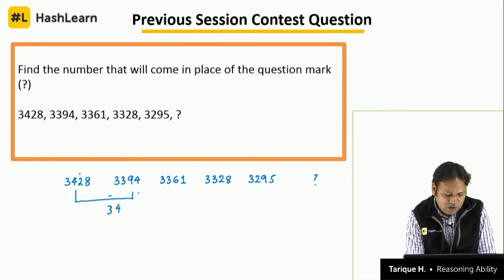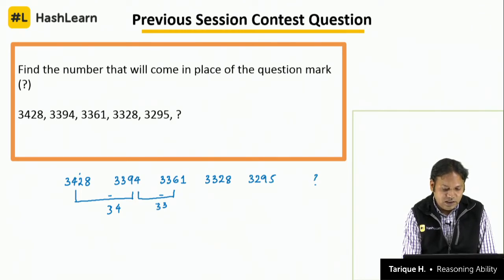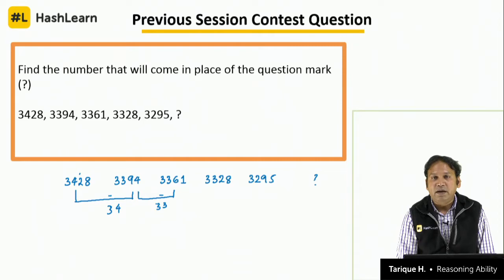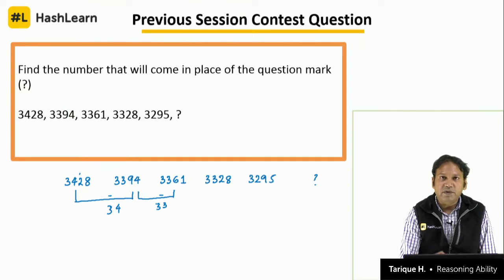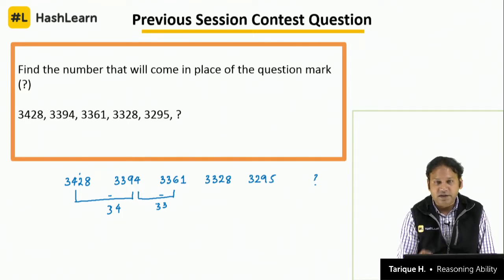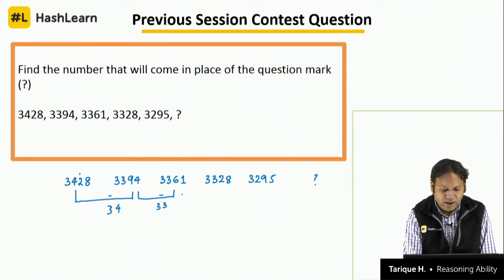Let's take the difference of the next 2 numbers. 4 minus 1 is 3 and 9 minus 6 is also 3, so the difference is 33. So as we can see here, the difference is reducing by 1. From the first number to the second number, the difference is 34, but from the second number to the third number, the difference is 33. So it could be a difference which is decreasing by 1. So maybe the next difference is 32. Let's try and see.